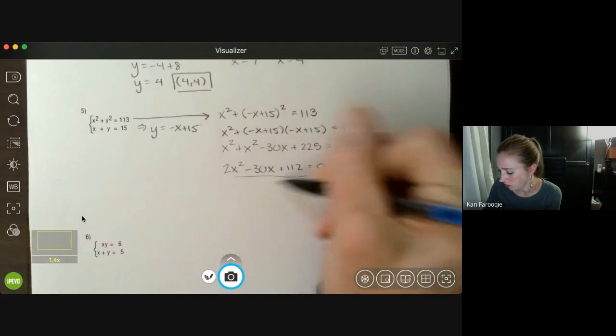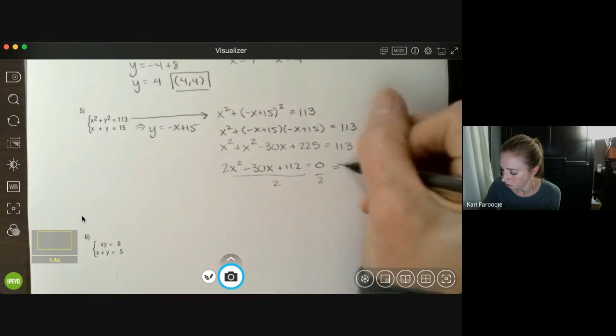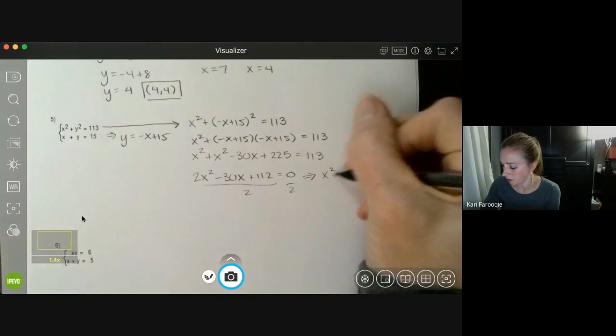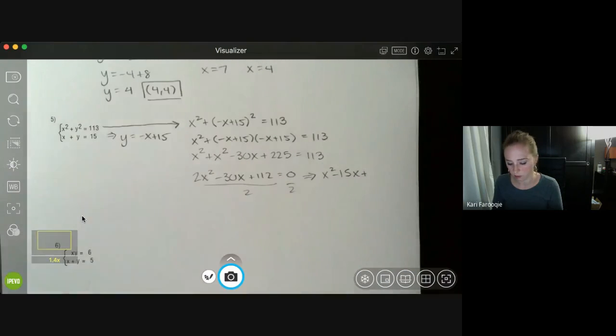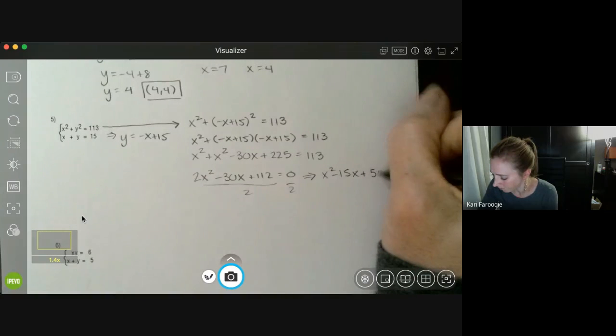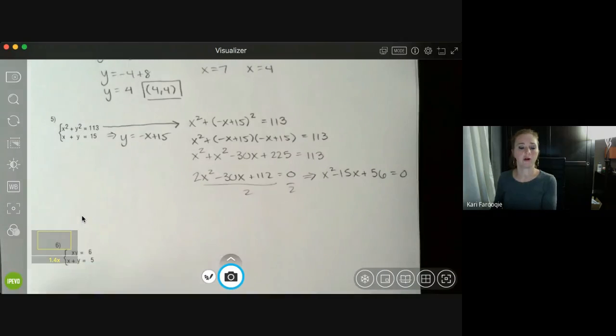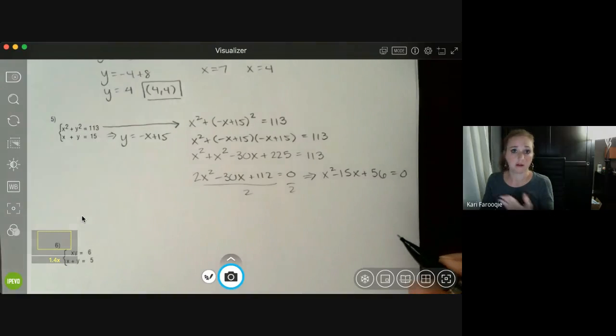Divide by 2, and then you'll get a new equation: x squared minus 15x plus, what is 112 divided by 2? 56 equals 0. 0 divided by 2 is still 0. And now you're going to be looking for numbers that multiply to give you 56 and add to give you negative 15. So if you're thinking about these numbers, you're probably thinking negative 7, negative 8.